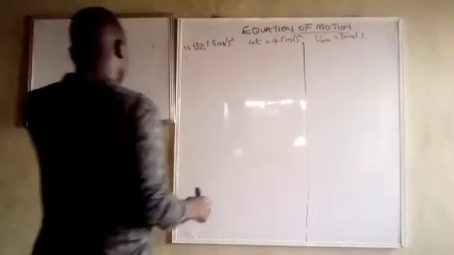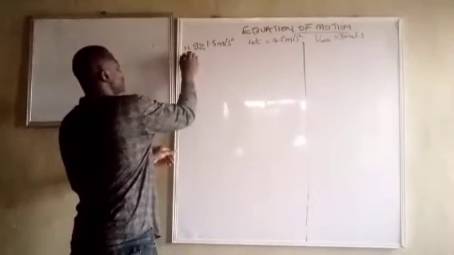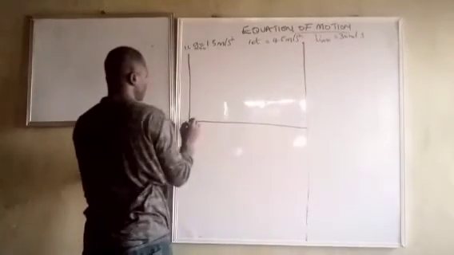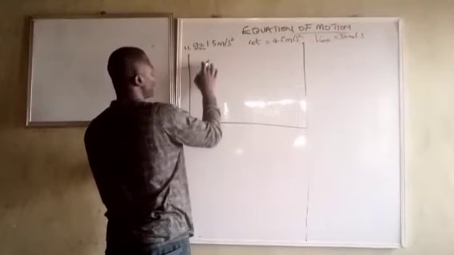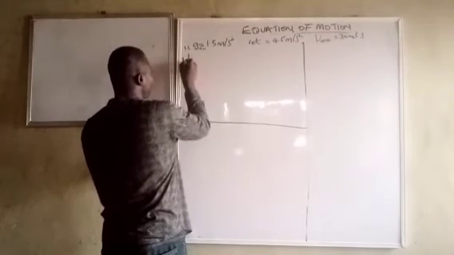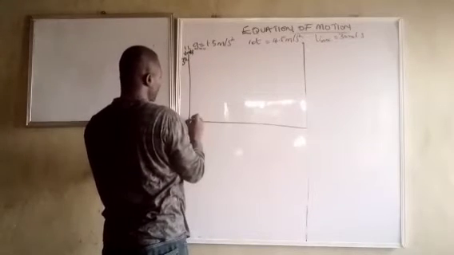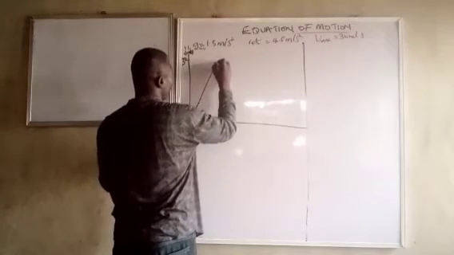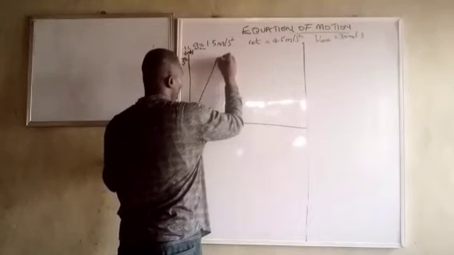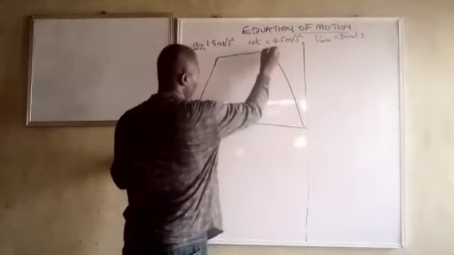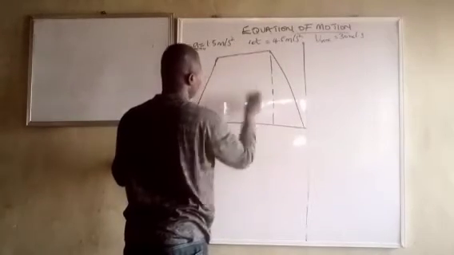Now, since if it moved up and then decelerated, the total distance is 400, then it means that when it gets to highest velocity, that is 30, it has to travel with that 30 for some time and then decelerate.